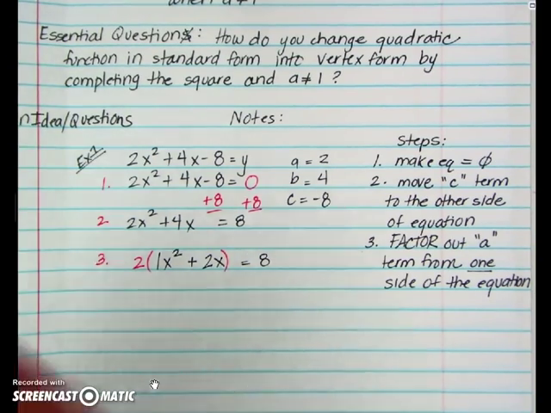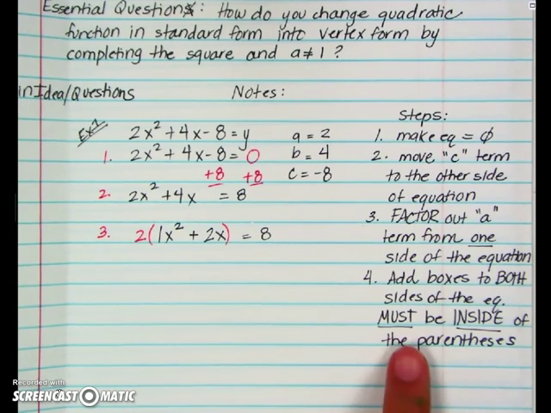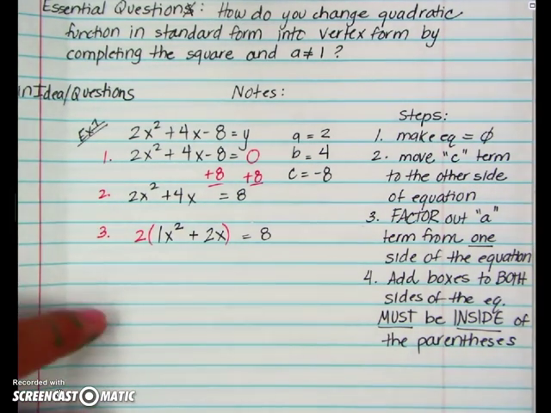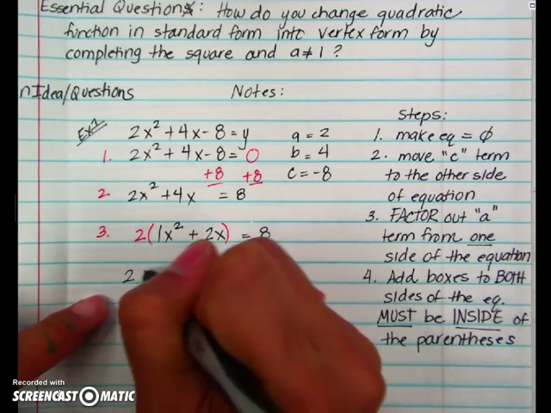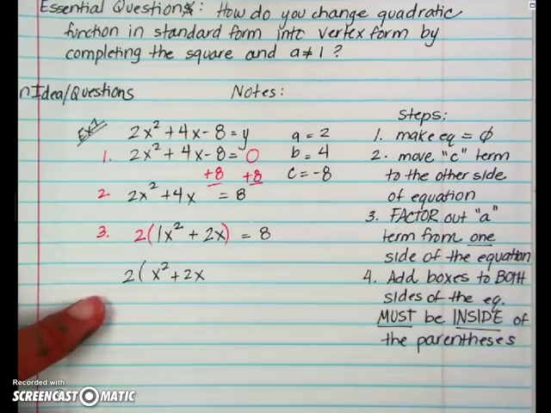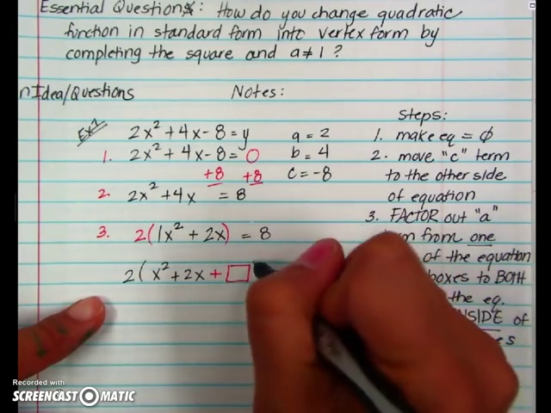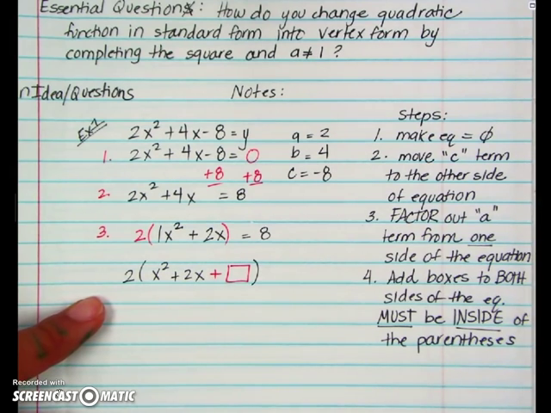So step 4 is that you're going to add boxes to both sides of the equation. Remember that your box must be inside of the parentheses. So I'm going to write 2 parentheses x squared plus 2x plus your box. Okay, you're going to close the parentheses. It has to be inside of the parentheses.